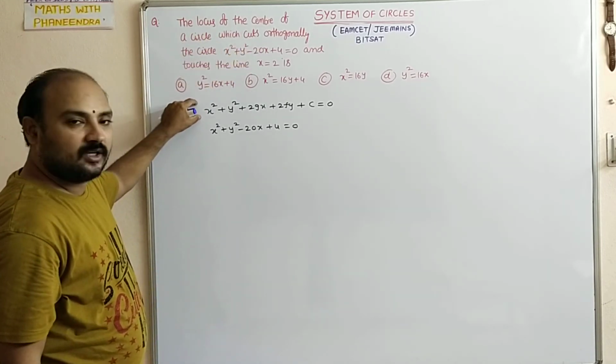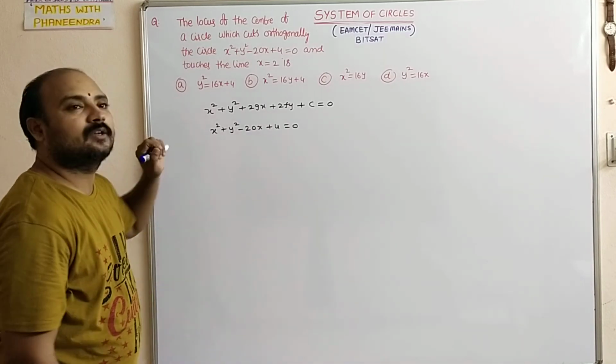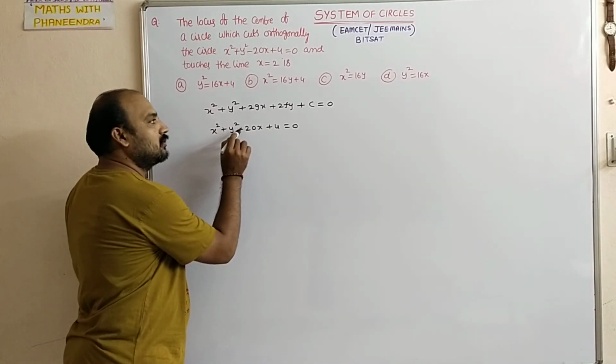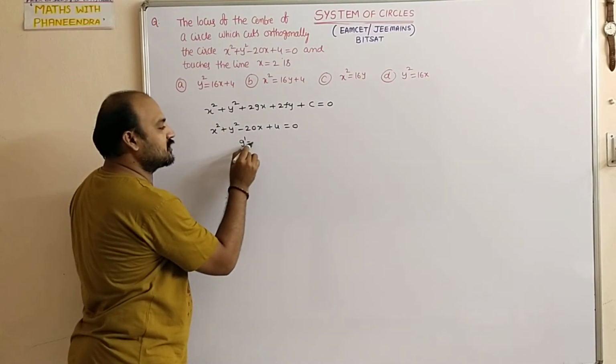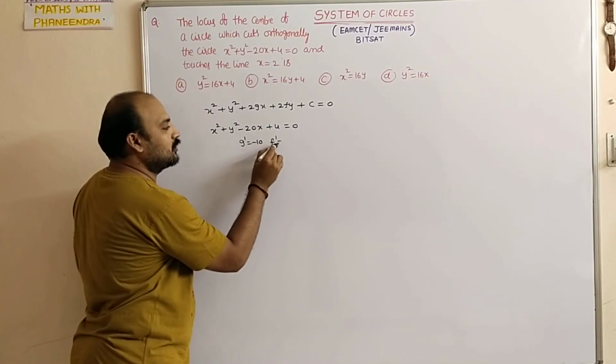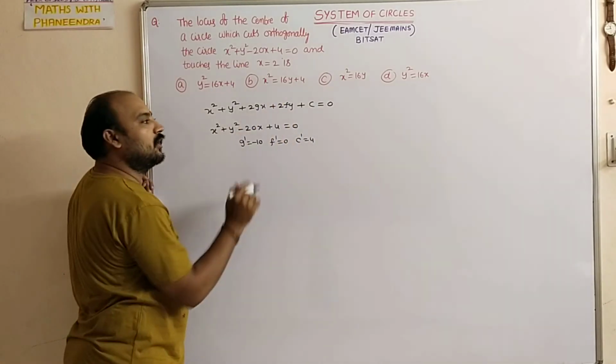This is the circle which cuts orthogonally the required circle. So here 2g, 2f and c are there. Here g' = −10, f' = 0 and c' = 4.